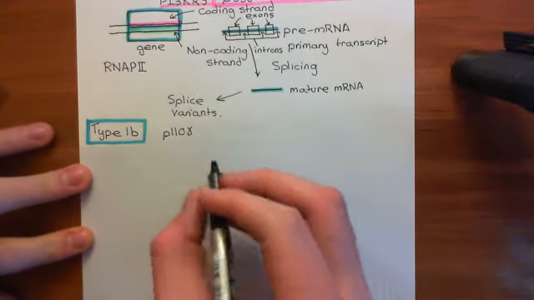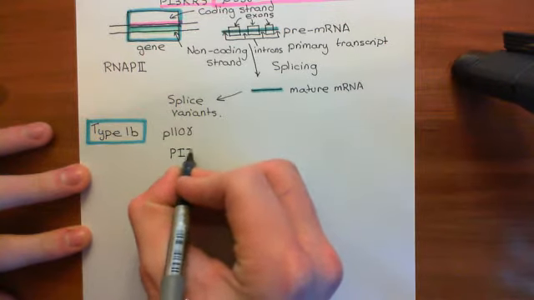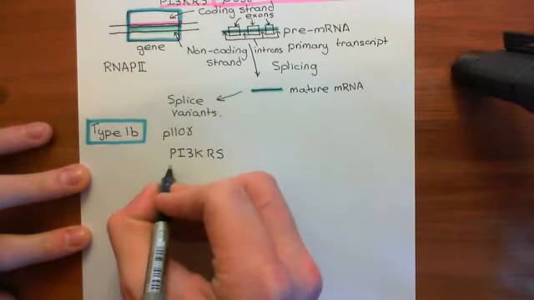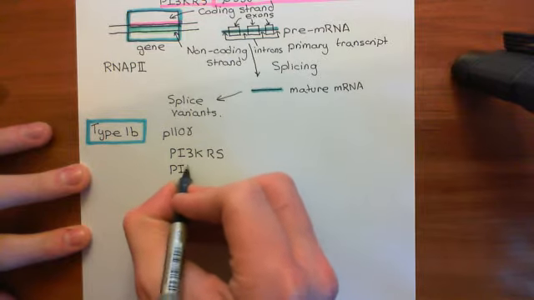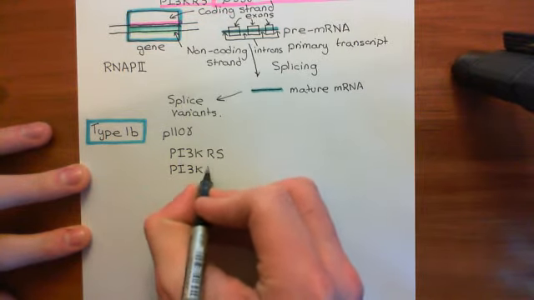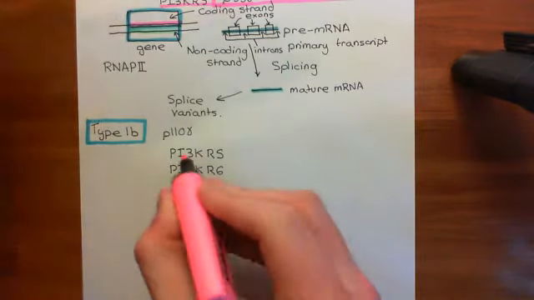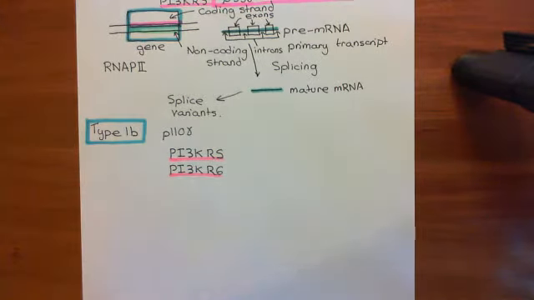So the 2 genes which code for the regulatory subunits that can be paired with P110 gamma are Pi3-Kinase R5. I don't know what quite happened to R4, but then also there is the gene Pi3-Kinase R6. So these are 2 genes, and each of them produces a single protein which can then be paired with P110 gamma to produce a full Pi3-Kinase enzyme.